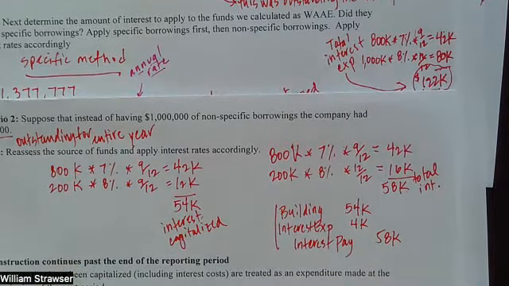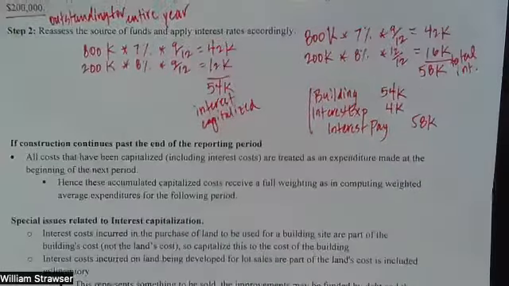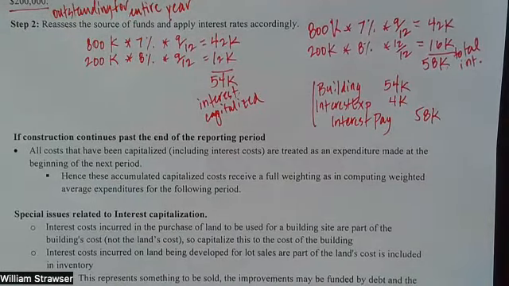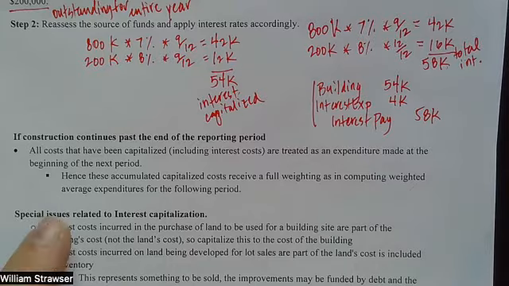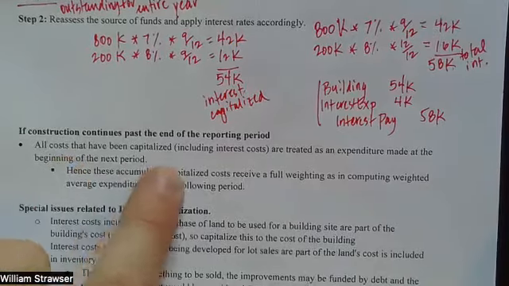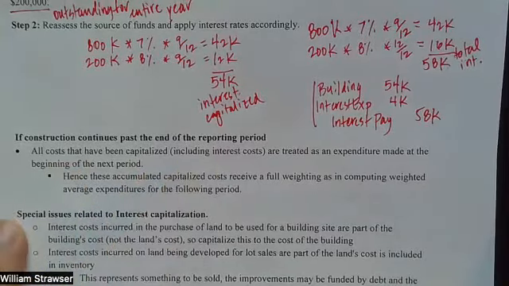So that's that. If construction continues past the end of the reporting period, so for example, in this example, if it had not ended at the end of the year, but maybe ended 3 months into the next year, then you carry over all costs that have been capitalized, including interest costs.